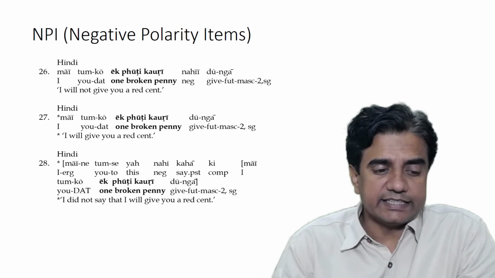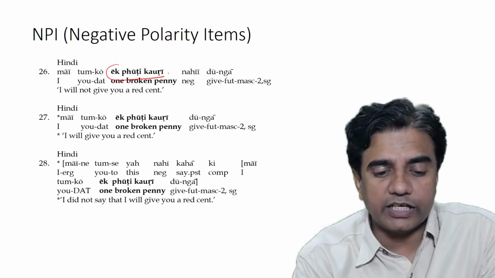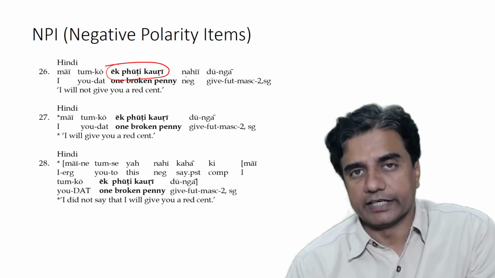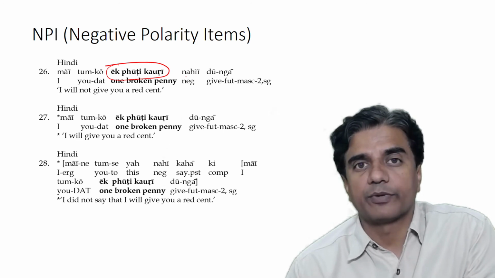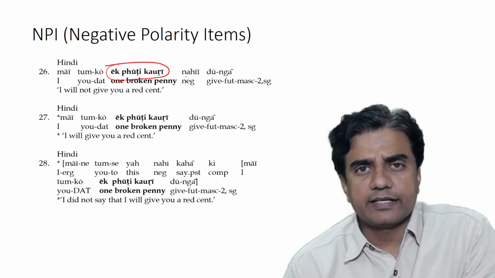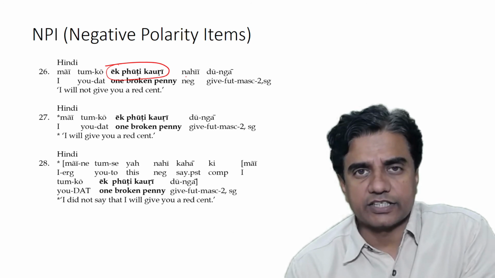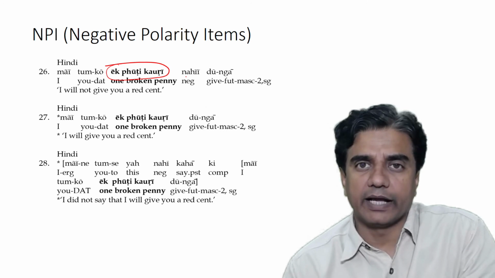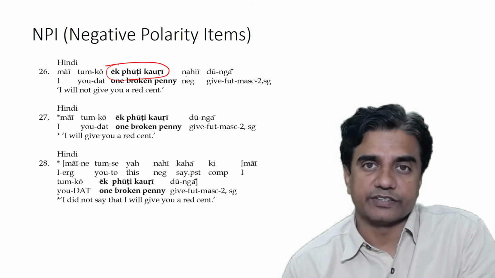In sentence 26 from Hindi, ek fuuti kauri is an example of a negative polarity item, and I'll demonstrate why we say this. This is a frozen metaphorical expression, but in a Hindi sentence, it occurs only when a negative element is present in the sentential position in the clause structure of a sentence.